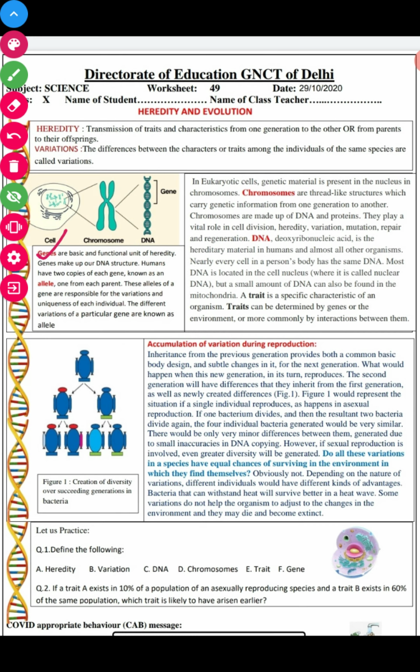Now coming to genes. What are genes? Genes are the basic and functional unit of heredity. As I told you, DNA is present on the gene, which carries all the genetic information from one generation to another generation.